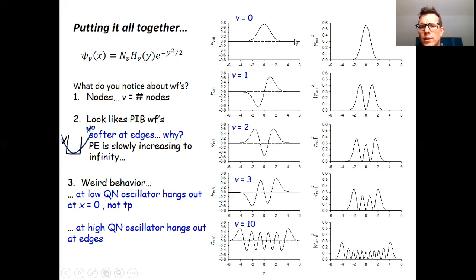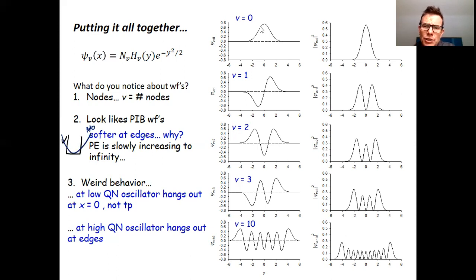This is a quantum harmonic oscillator. What is it doing? Well, it's hanging out in the middle, x equals 0, and it has a low probability of hanging out at the turning points. It's the exact opposite of a classical harmonic oscillator. It's totally weird.